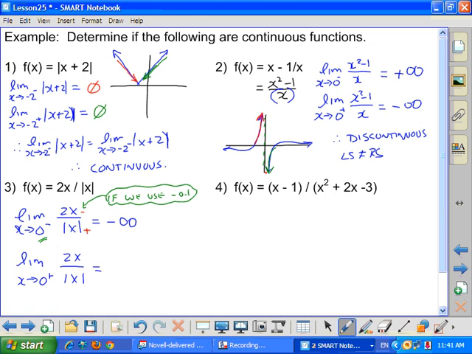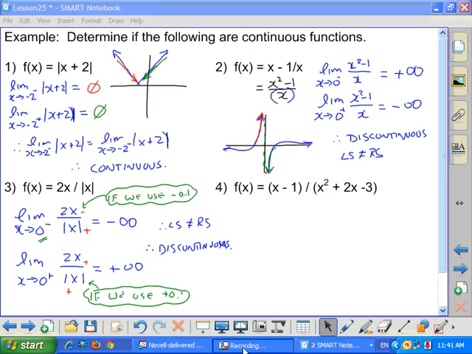On the other side, if we use positive 0.1, for the limit, we find that the bottom is going to be positive, the top's positive, so it's going to head to positive infinity. So again, your left side and right side do not equal, so it is discontinuous at the asymptote. All right, and I'll finish up the rest of the examples in the next video.